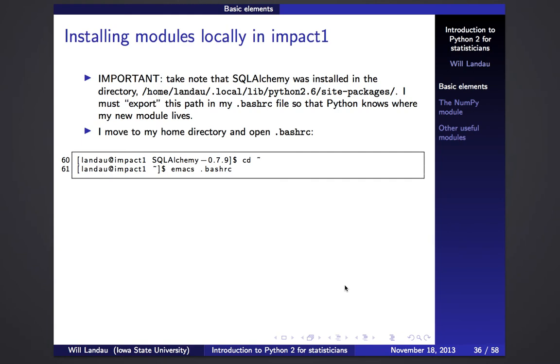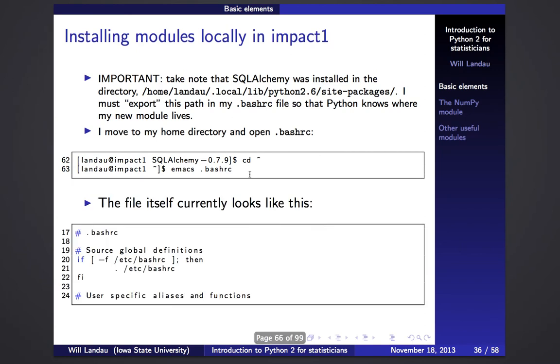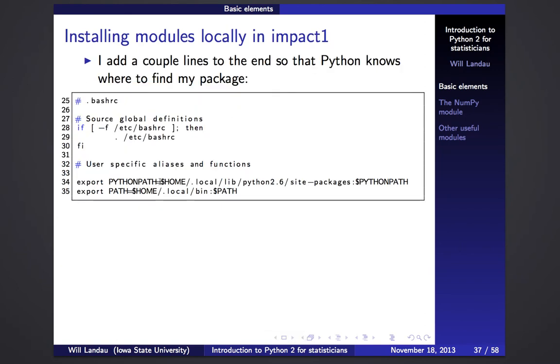But in any case, I want to open my shell's configuration file and tell the shell where Python is, where the Python packages are. So there's this thing called PYTHONPATH, which is where Python's going to look for packages, and I want to add to this path, that's what this colon is, concatenating to PYTHONPATH this path to my local packages.